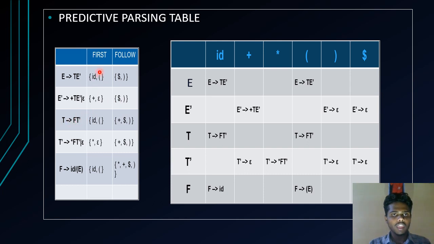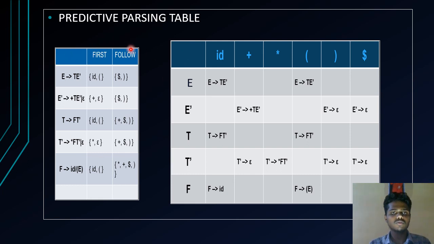For T, the first is id and open parenthesis and its follow is plus, dollar and closed parenthesis. Next T dash, first of T dash was star and epsilon, and follow of T dash was plus, dollar and closed parenthesis. Next first of F was id, open parenthesis and its follow was star, plus, dollar and closed parenthesis. So this is the first and follow for the given grammar.